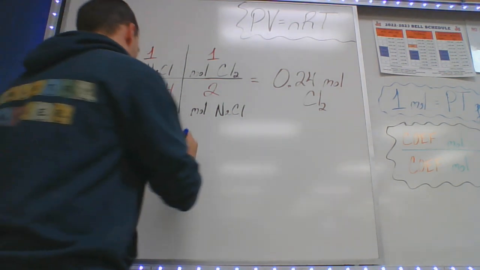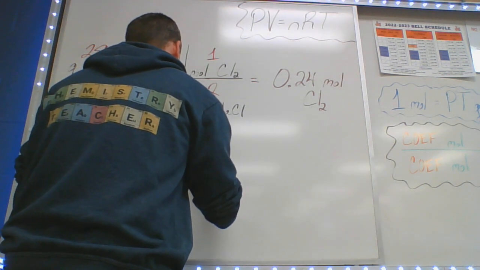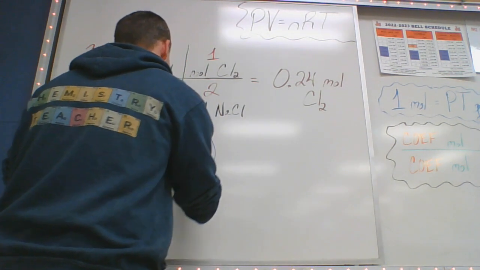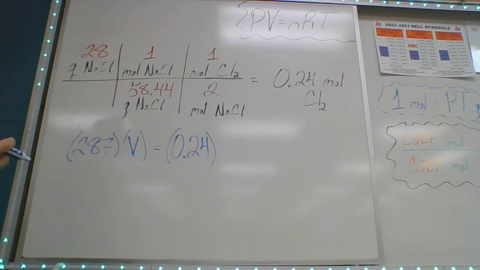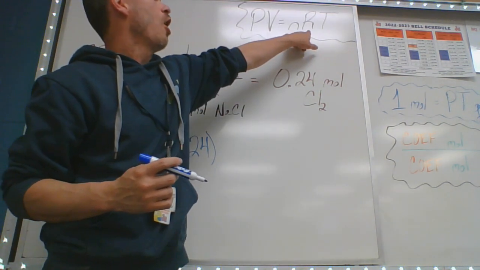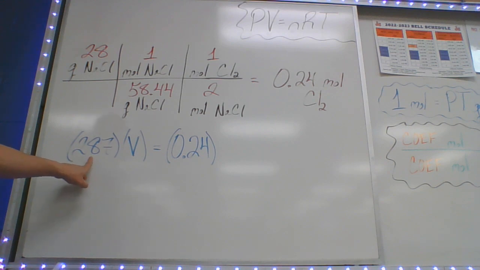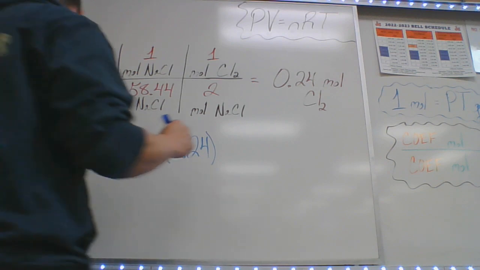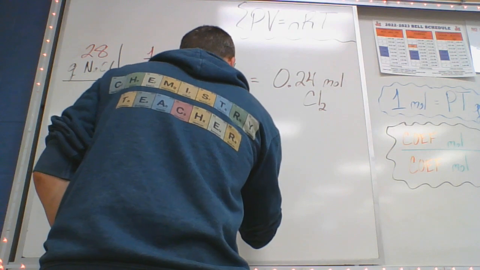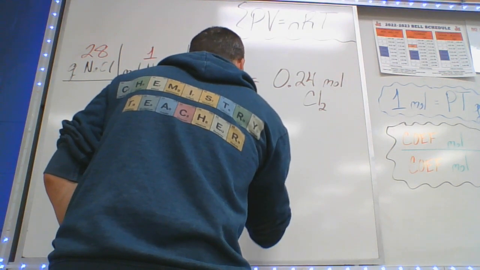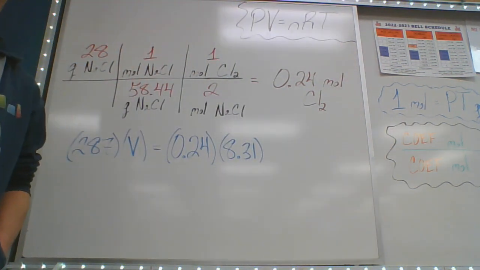The moles were just calculated. The R value will be pulled from your constant values based on kPa this time. So hopefully you went and found the number 8.31.